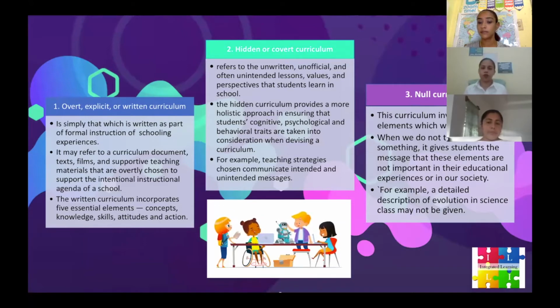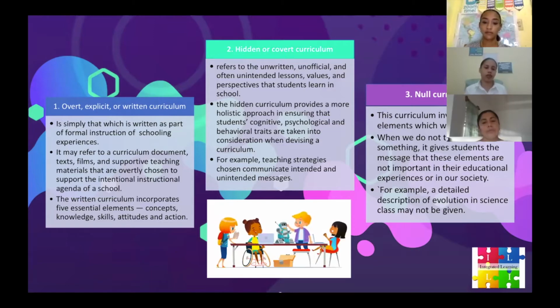This would be like different texts, films, and materials that would support teaching, and also it supports the intentional instructional agenda of schools. We know that each school has their agenda of what they would like to cover in terms of content and what they want students to take away when they leave that institution. And so the overt curriculum would satisfy this agenda of every school.